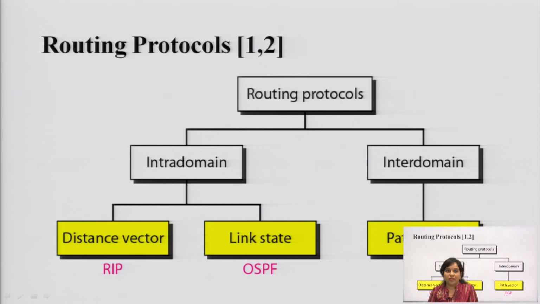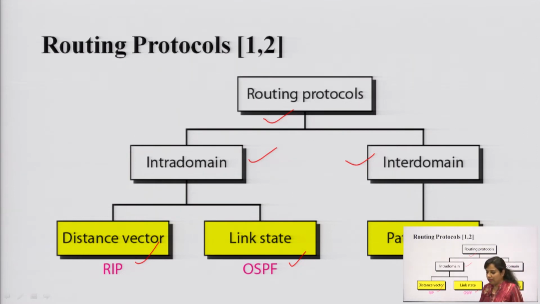Now, next one is the routing protocols. There are 2 different types of routing protocols used here: the first is the intra-domain protocol, the second is the inter-domain protocol. In case of intra-domain, there is distance vector, which is denoted by RIP, and link state.